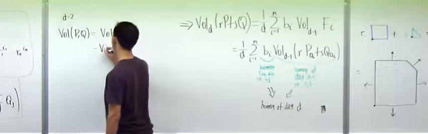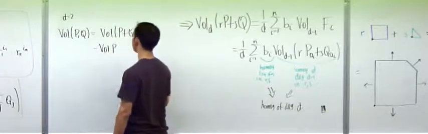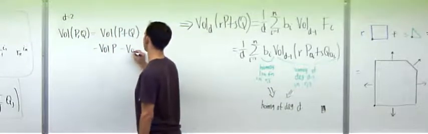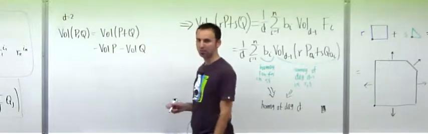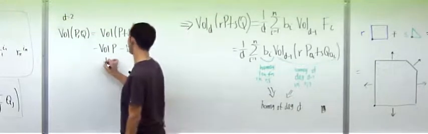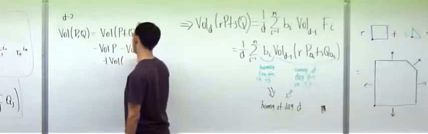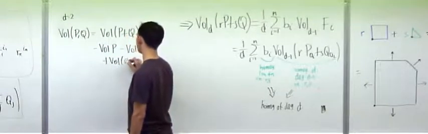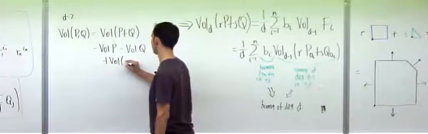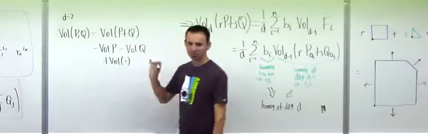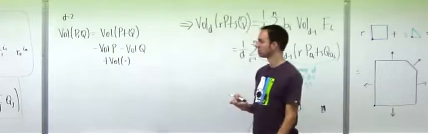then you take the volume of one at a time, and then the volume of the empty set, which is 0. Or rather, the empty sum, which is the point, which is 0.